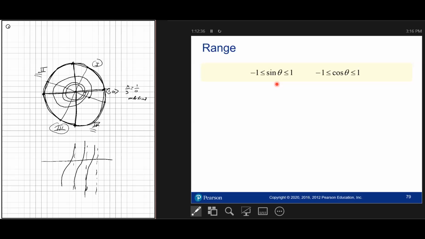So for sine, the theta is all real numbers, but the y values you get are only from -1 to 1. This is what we call a cyclical function because the y values keep repeating over and over again. And it's called sinusoidal. The cosine and sine functions are called sinusoidal because they look like this.